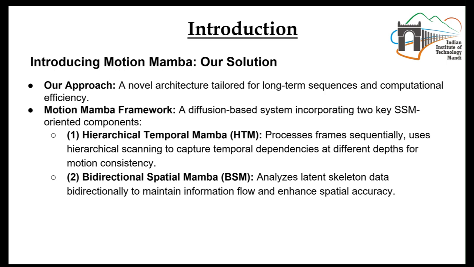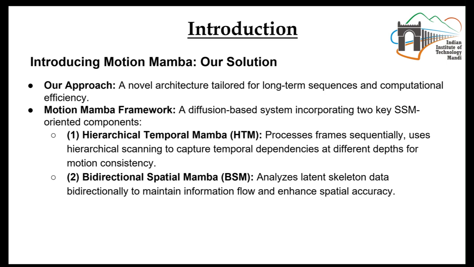The Motion Mamba framework introduces a pioneering diffusion-based generating system. It incorporates two key SSM-oriented components. First is the hierarchical temporal Mamba (HTM). This component is designed to process motion frames sequentially using hierarchical scanning to capture temporal dependencies at various levels, enhancing motion consistency.